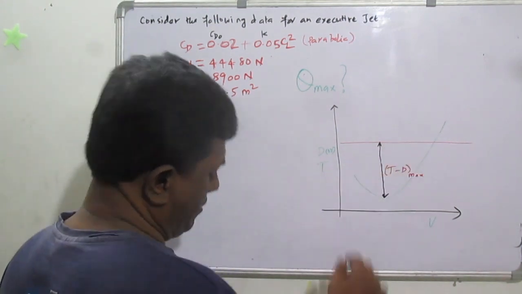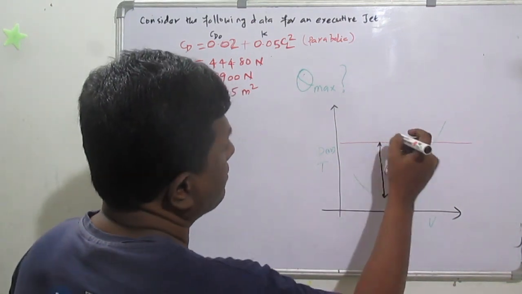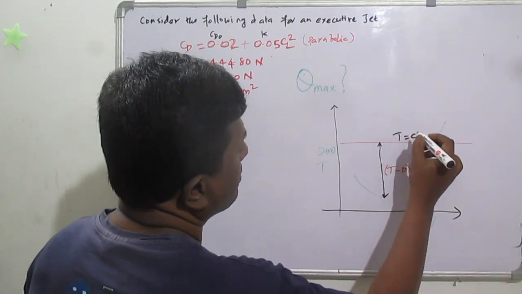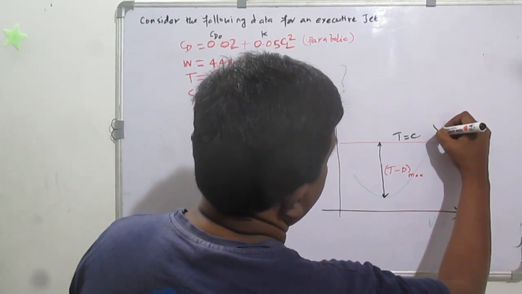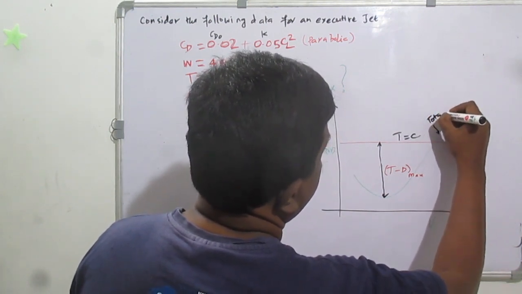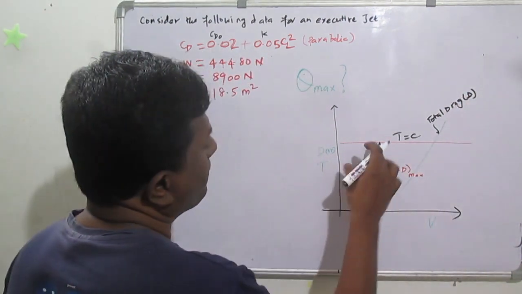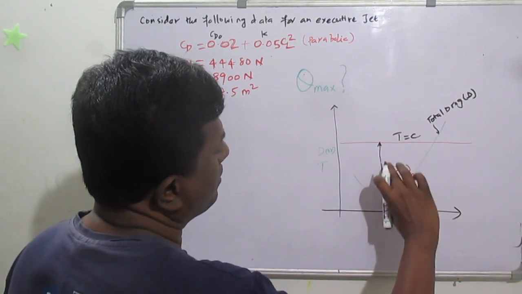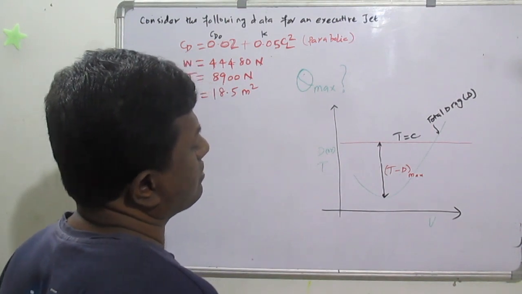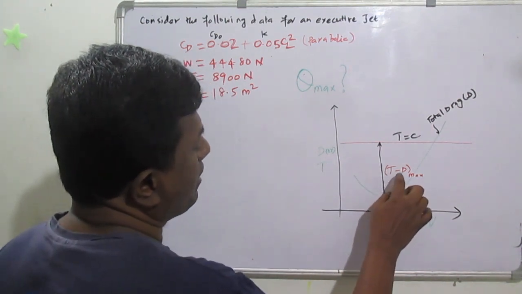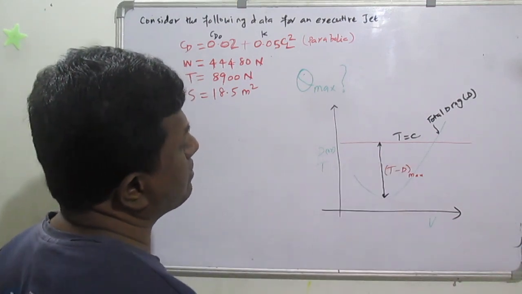When the thrust is constant, this is thrust, and this is the total drag. If this thrust is constant, then we obtain T minus D max when the drag is minimum.